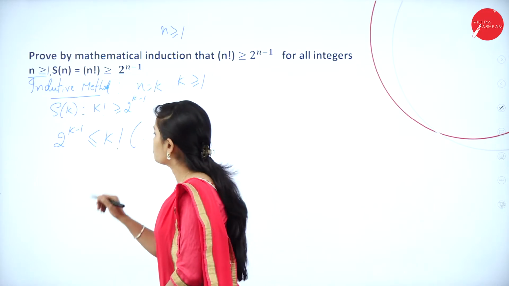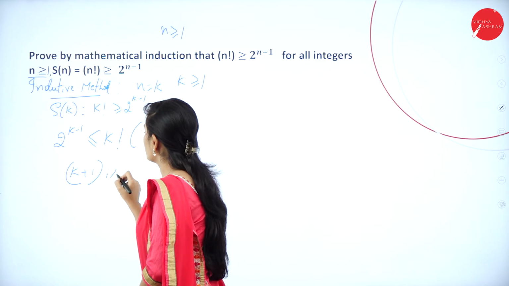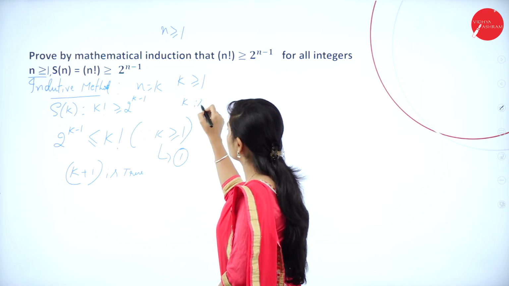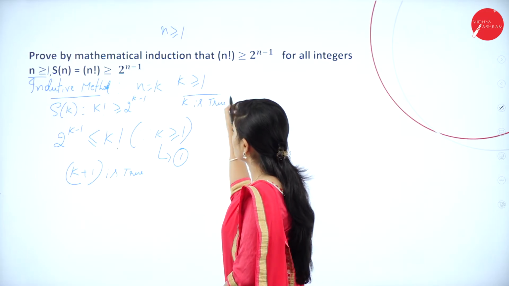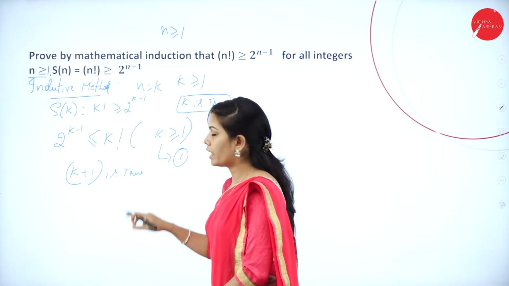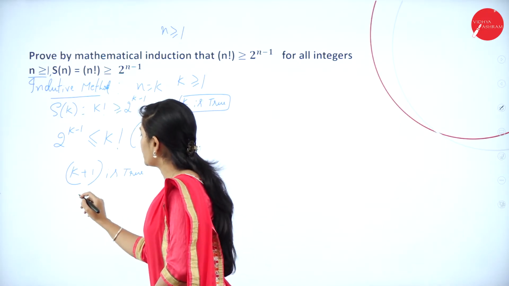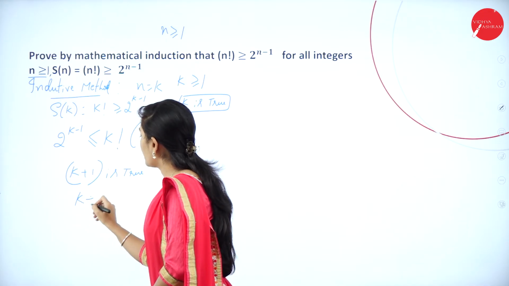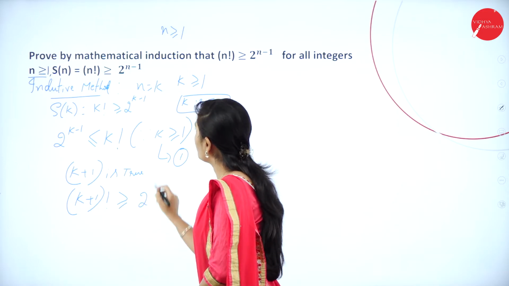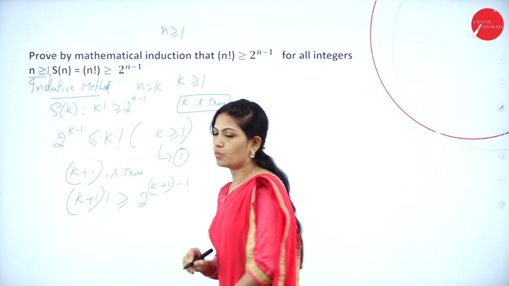So now we are supposed to prove that k plus 1 is true. Here we have proved k is true in the first inductive step. So now we have to prove that k plus 1 is true. Substitute the value in place of n. I'll put k plus 1 factorial greater than or equal to 2 power k plus 1 minus 1.